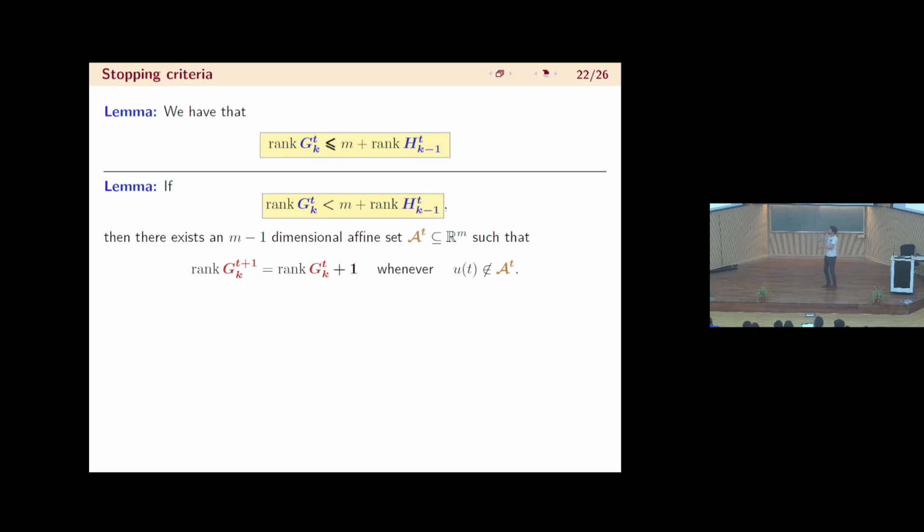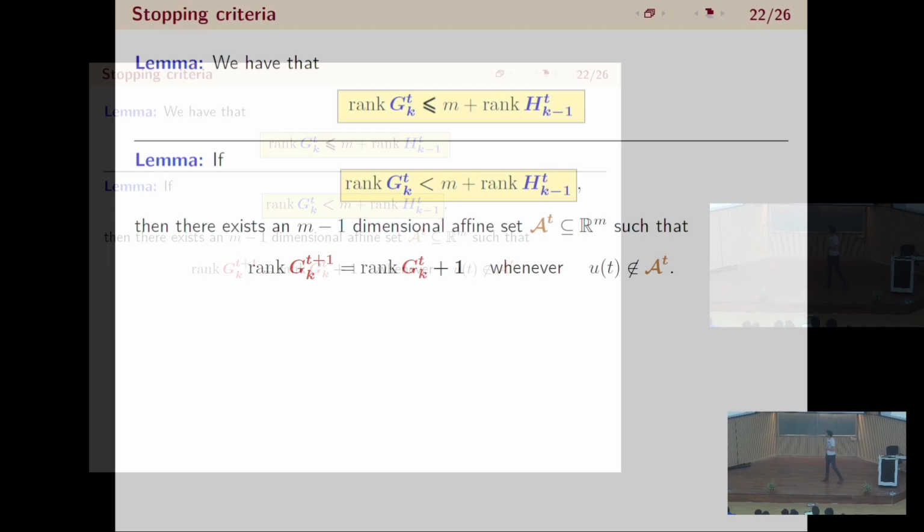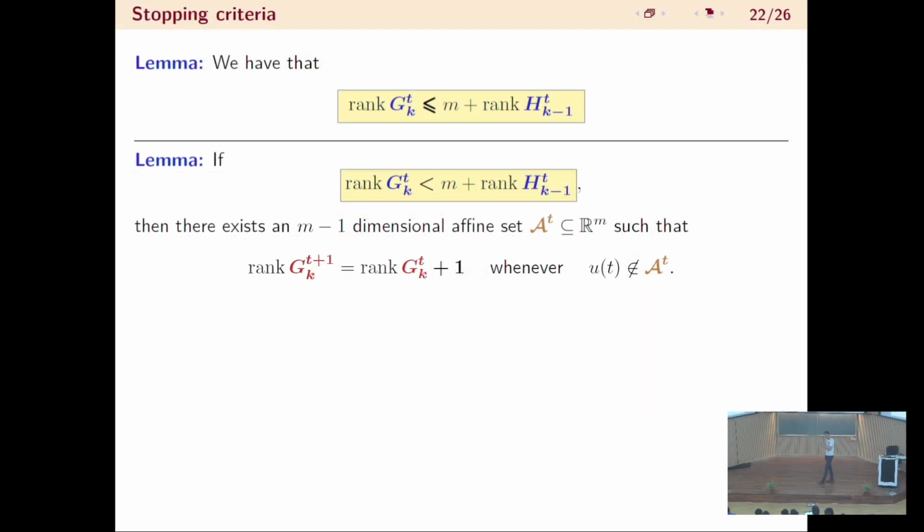Because, what is the statement of the lemma? Well, the lemma says the following. So if we have this strict inequality over here, there exists this m minus 1 dimensional affine set, A_t, such that whenever I pick my input to not lie within this set, I increase the rank of the G_k Hankel matrix.